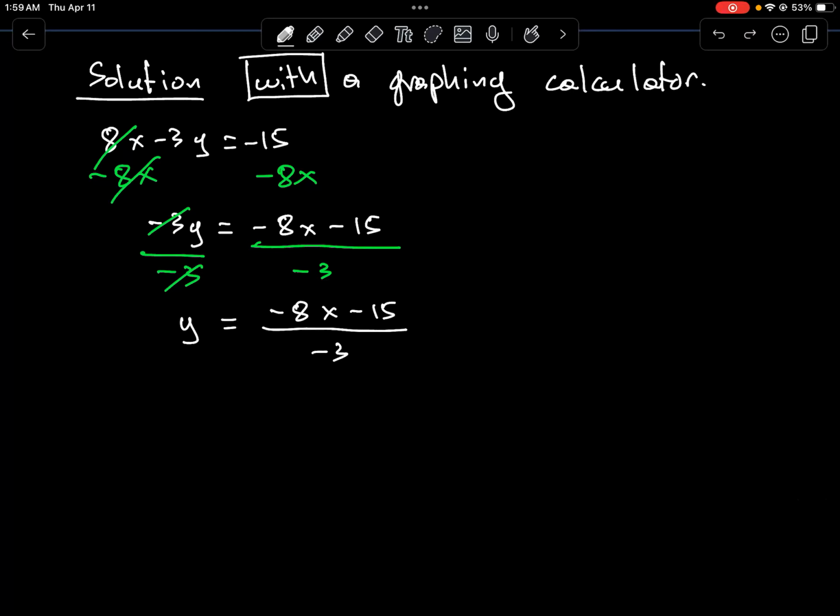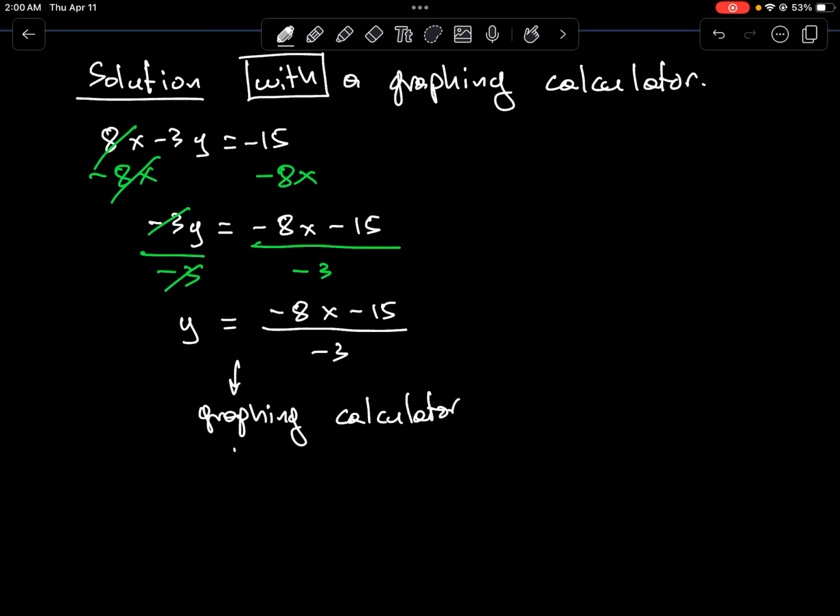Instead, I'm going to go to my graphing calculator and get a table. That table is going to give me a chart with x1 and y1. Then I'm going to feed this chart to the calculator, asking it, using the squiggly, to figure out the slope-intercept form, which is going to give me an m and a b.